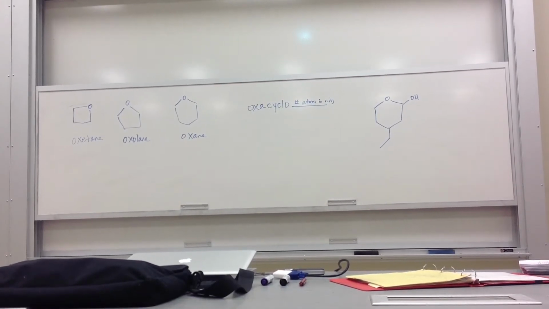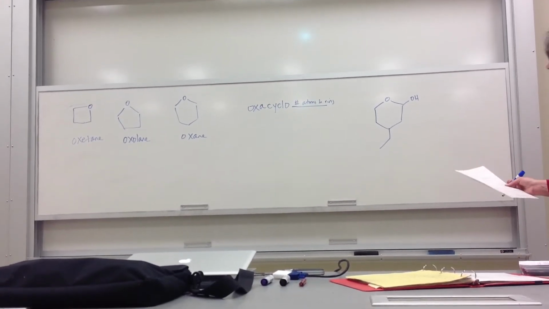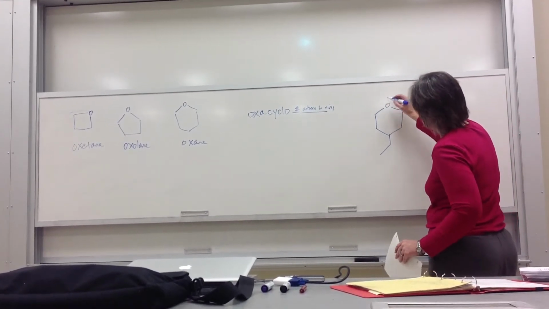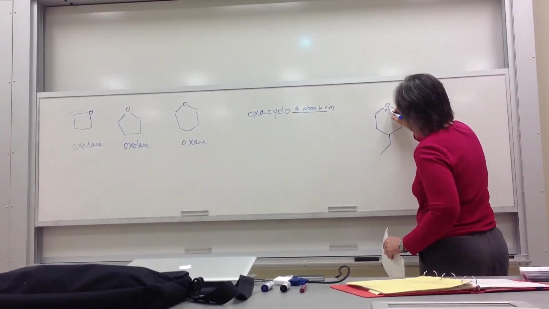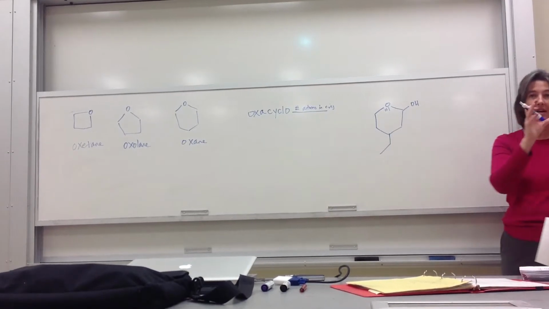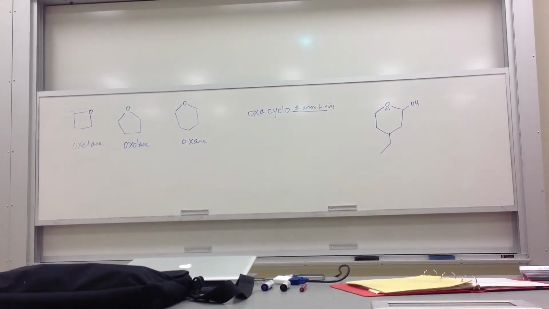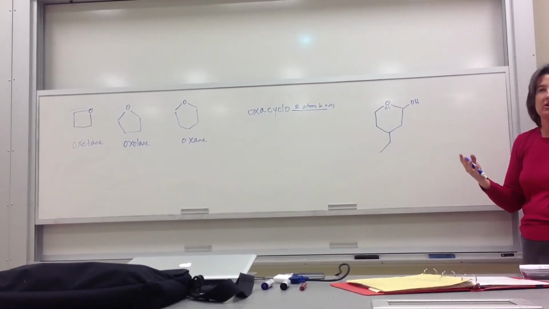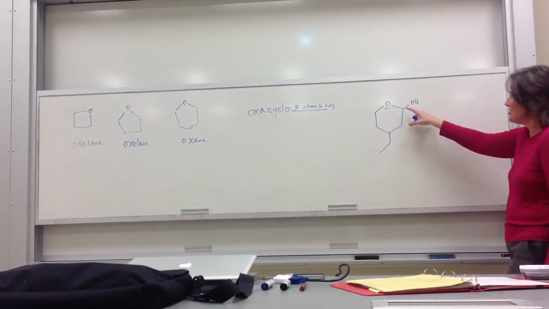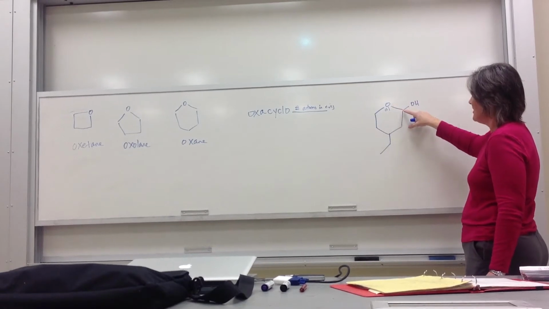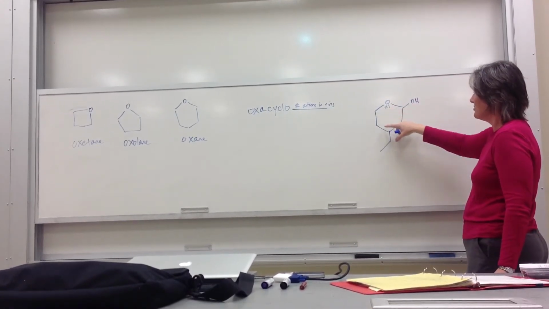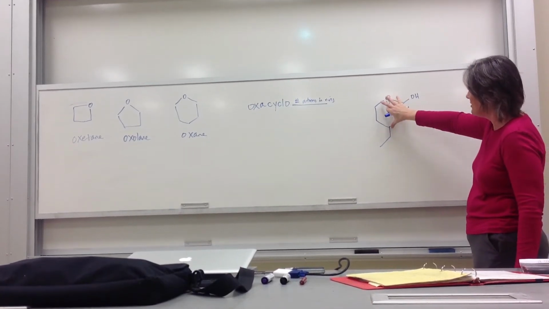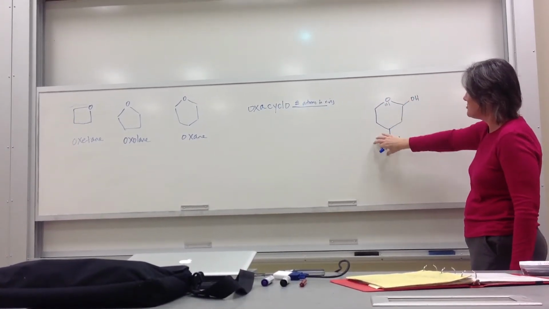These are really pretty straightforward to name because the heteroatom, which is the oxygen in the ring, is given number 1. So you take that ether ring as your parent. Even though the alcohol technically has higher priority, this would be extremely difficult to name as an alcohol with a cyclo whatever it is, so people don't do that. They take the ether as the parent, and then we'll name these guys as substituents.